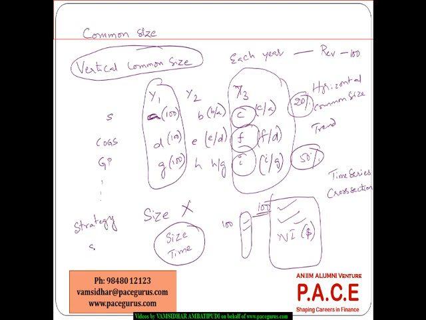Where is it spending more? Is it spending more and more on cost of goods sold? Is it spending more and more on selling and marketing expenses? Or is the cost more and more on depreciation, which means did it spend more and more on fixed assets in the past?